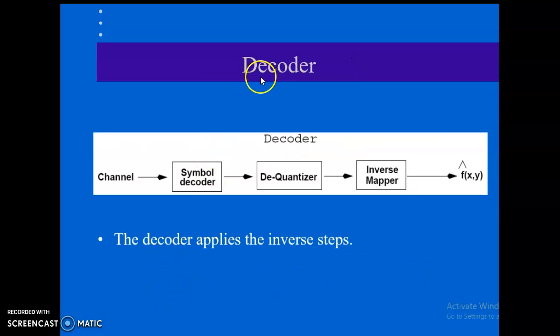Now we are going to see the decoder. The channel output is given to the symbol decoder. The symbol decoder output is given to the dequantizer. The dequantizer output is given to the inverse mapper.